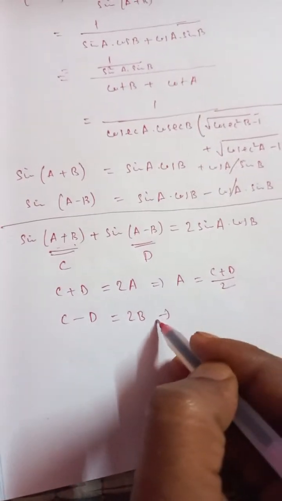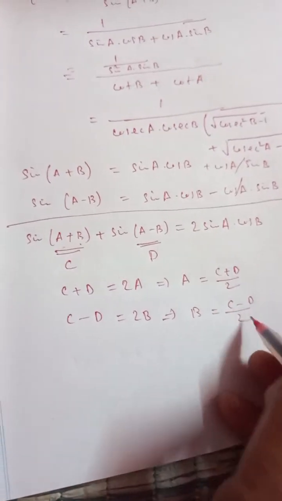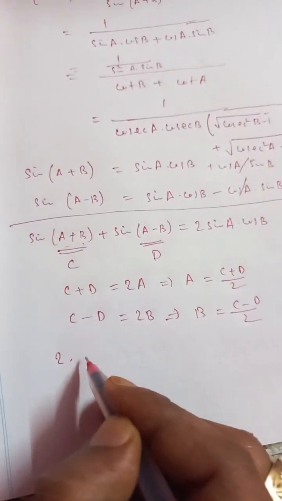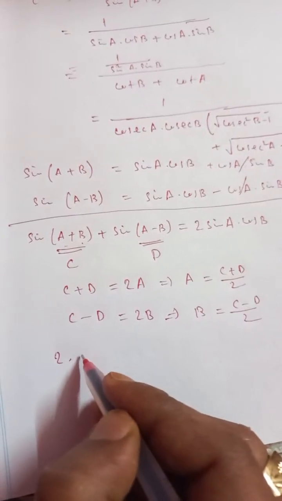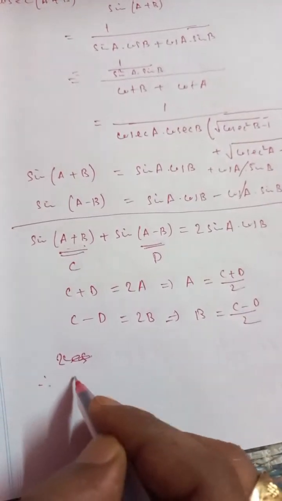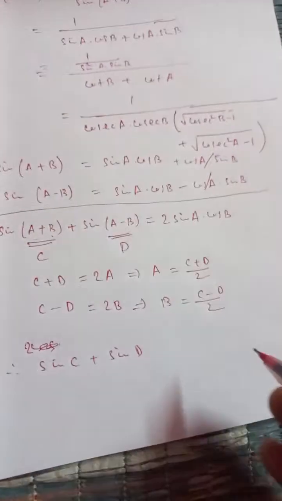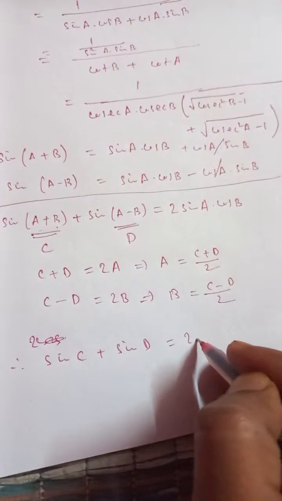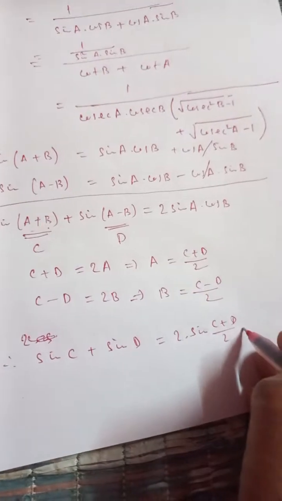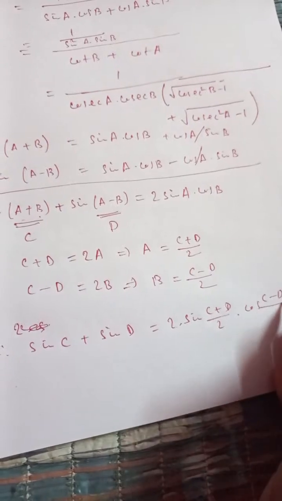So B will be C minus D by 2. So if we rearrange this, sin C plus sin D is equal to 2 into sin (C plus D by 2) into cos (C minus D by 2).